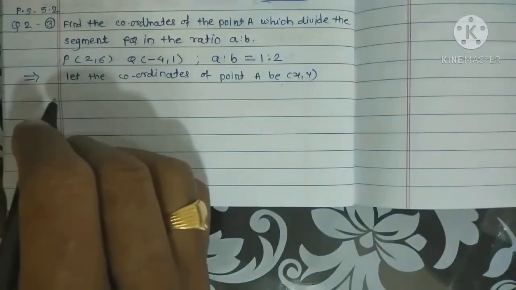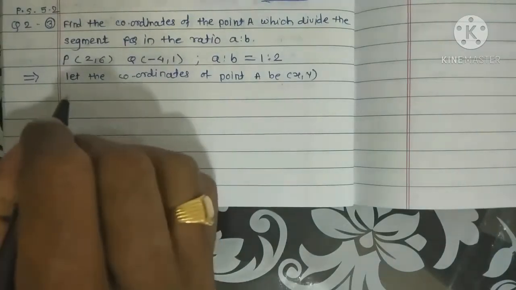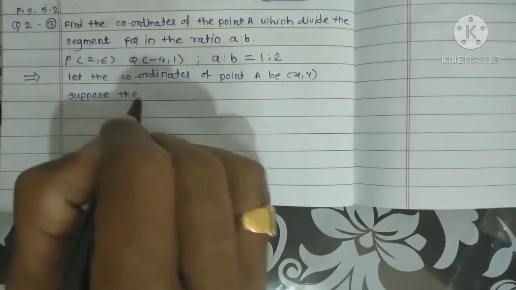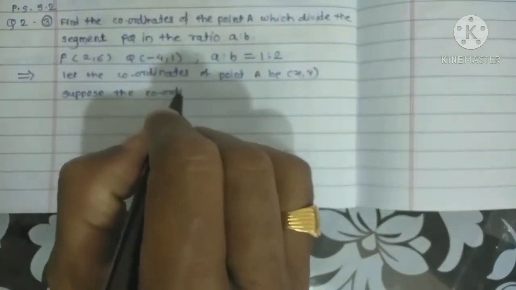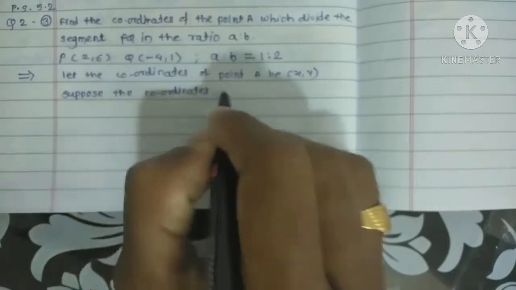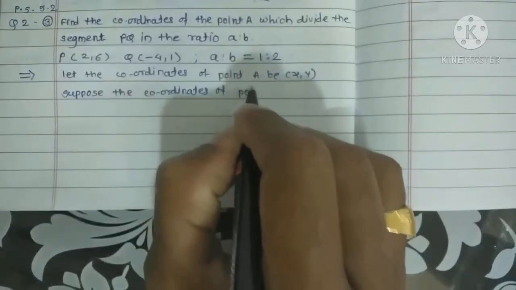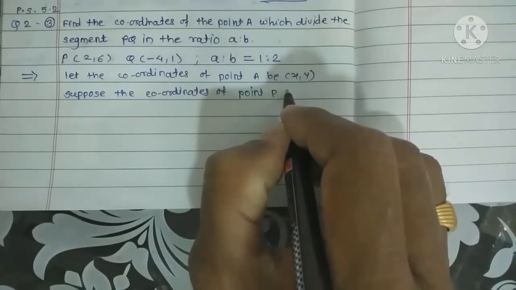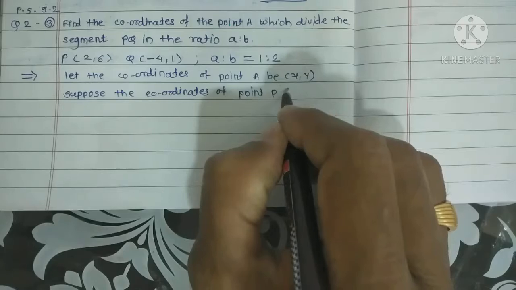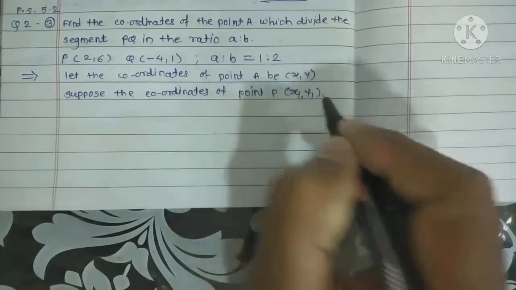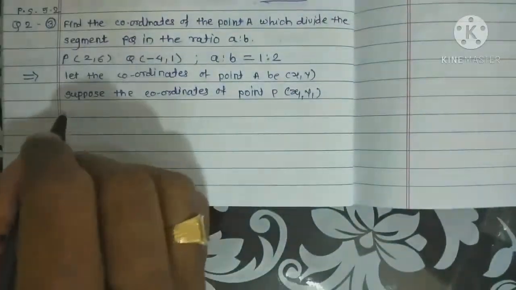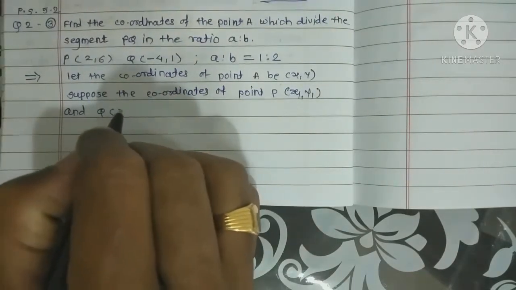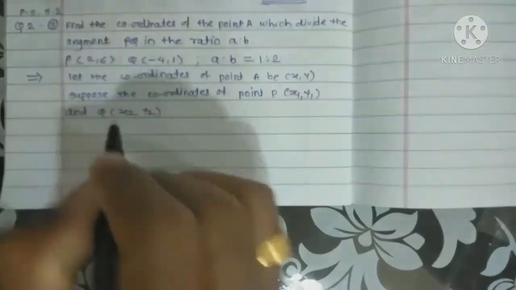Then suppose the coordinates of point P are x1, y1 and Q is x2, y2.